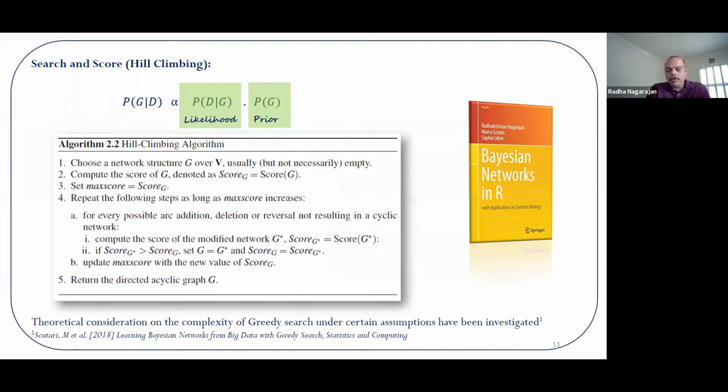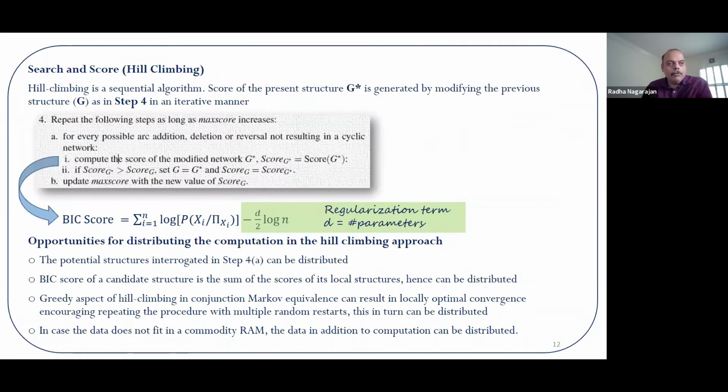There are some theoretical considerations for search, and a recent article discusses this. In the interest of time, we won't go into any details of this. The hill climbing approach by its very nature is a sequential algorithm. The score of the present structure G star is generated by modifying the previous structure. However, there are opportunities for distributing the computation in the hill climbing approach.